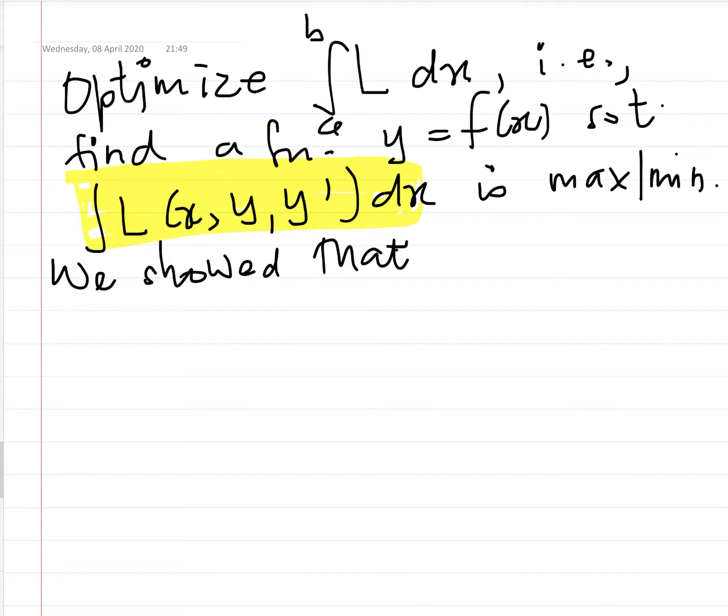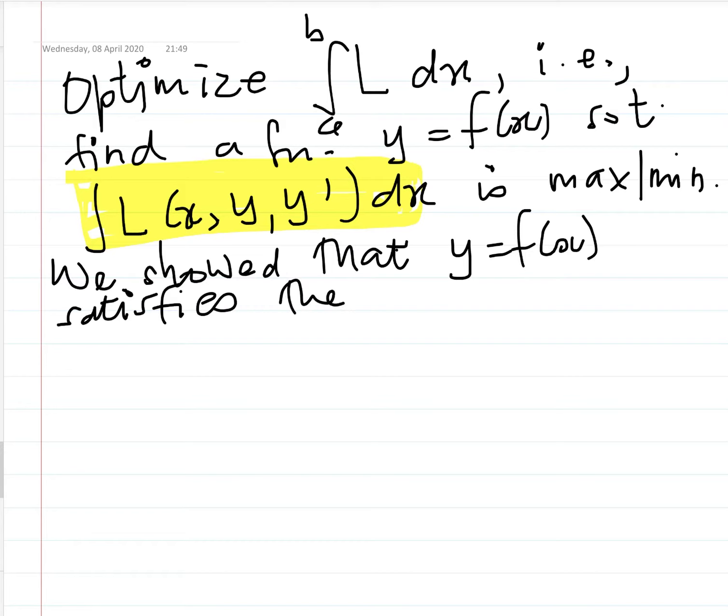That is the solution to this problem, satisfies the differential equation, an ordinary differential equation, usually of second order because the function L is of first order.